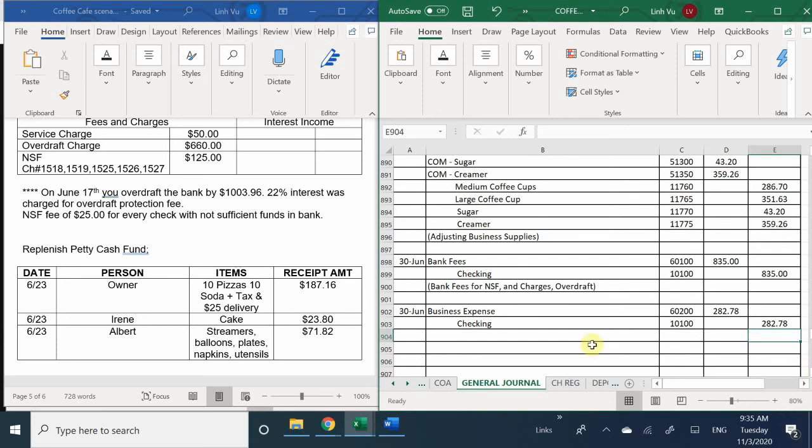So here, what is my little note? Replenish petty cash fund for party supplies. All right. So what is next?